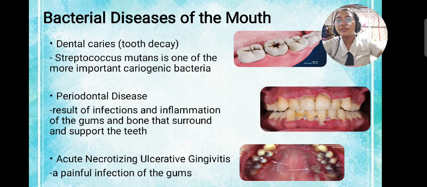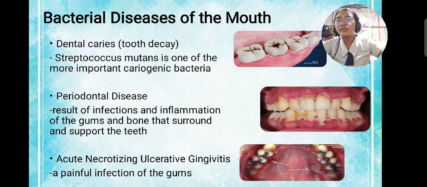Next is periodontal disease. It is a result of infection and inflammation of the gums and bone that surround and support the teeth. In its early stage, it is called gingivitis. The gums can become swollen and red, and they may bleed. Next is acute necrotizing ulcerative gingivitis.